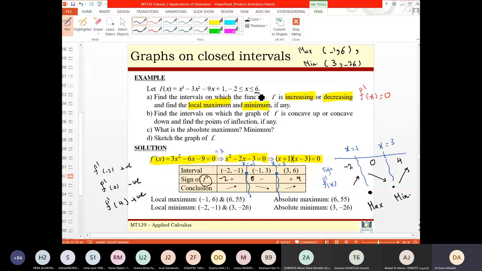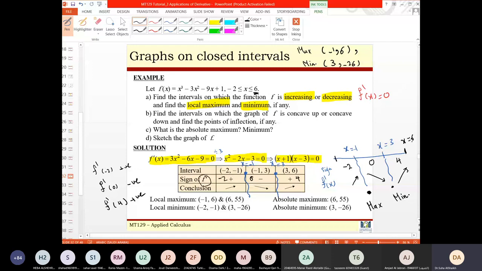Also the edges, because here I stop at x equal to 6 and here I start from minus 2. Also the 6 will be the top, right? And the minus 2 will be the bottom, the minimum.